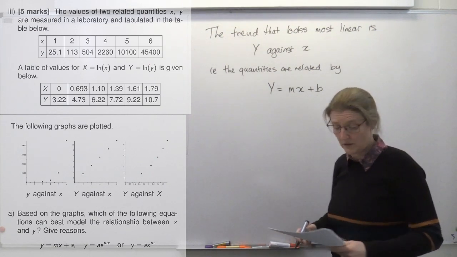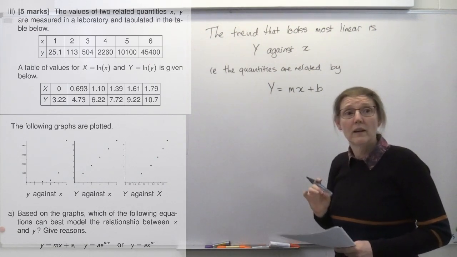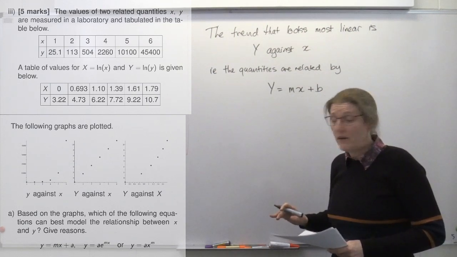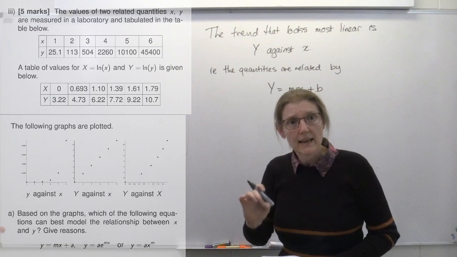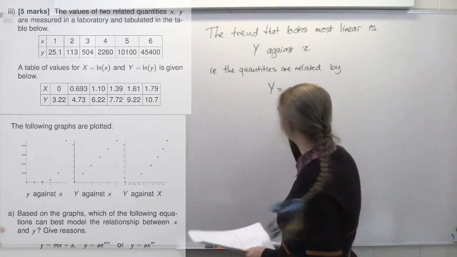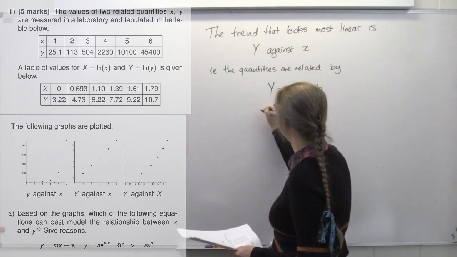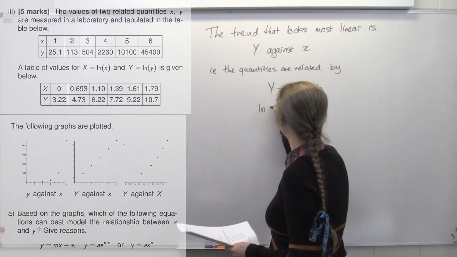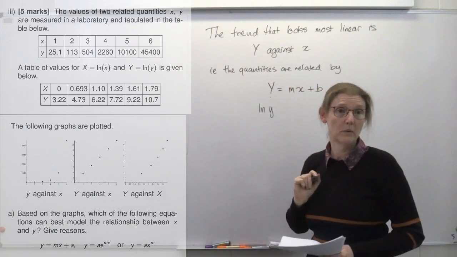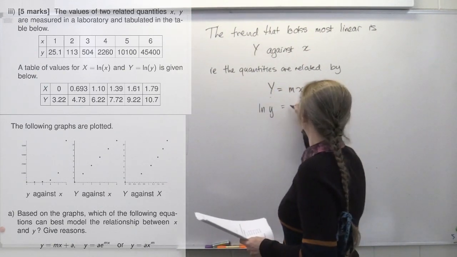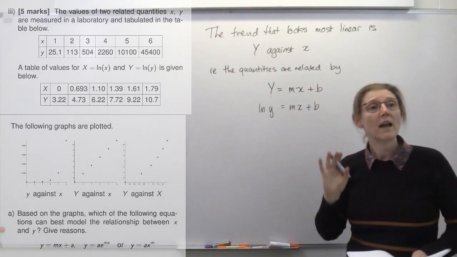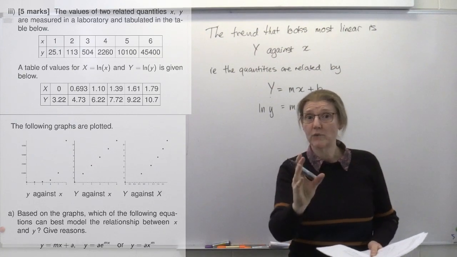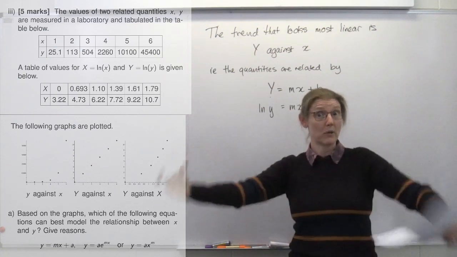So what we'd like to actually know, though, is what's the relationship between little x and little y. So to understand that, we need to know that capital Y is actually log of y, little y. So log y is mx plus b. I'd like to make y the subject, so I'd like it y equals something.